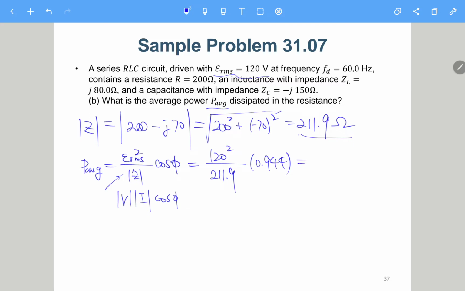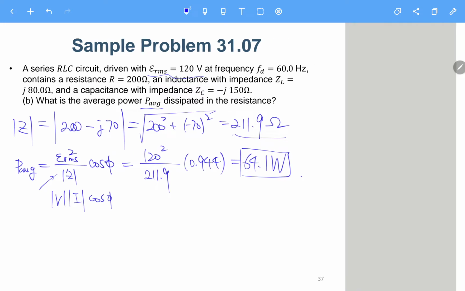So this number is 64.1 watts. Actually this is not so difficult, you just need to plug the numbers into the equation.